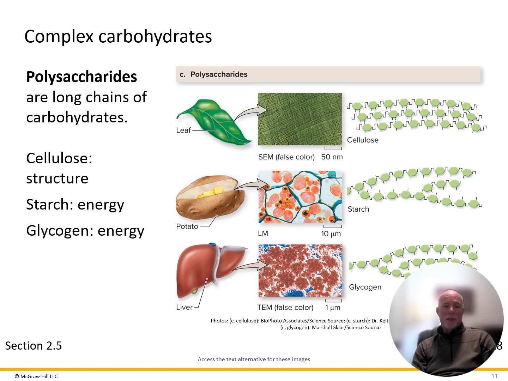Cellulose, the first one at the top of this diagram, is a very complex polysaccharide found in plants. Cellulose is found in the cell walls of plants. Starches are found in complex fruits, like potatoes.